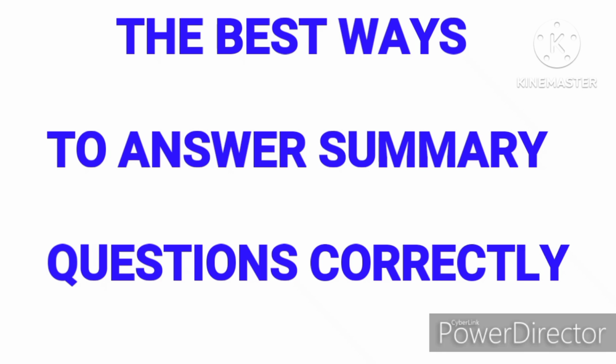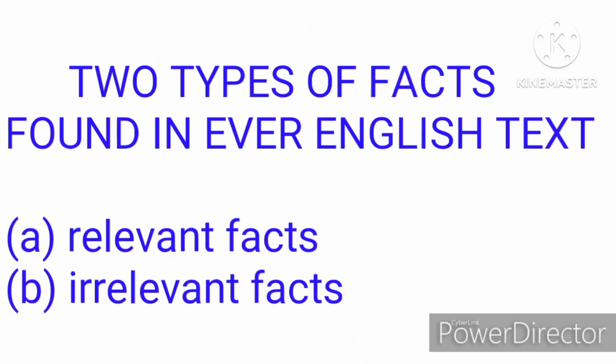English texts or passages always contain two types of facts: the relevant and the irrelevant facts. So you see, it is not everything you see in a summary passage that is necessary. The summary exercise is meant to make you demonstrate your ability in sifting the important information from the unimportant ones.